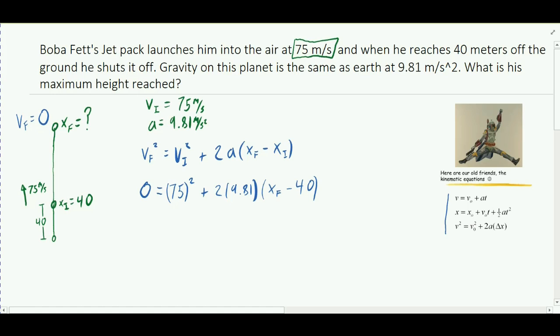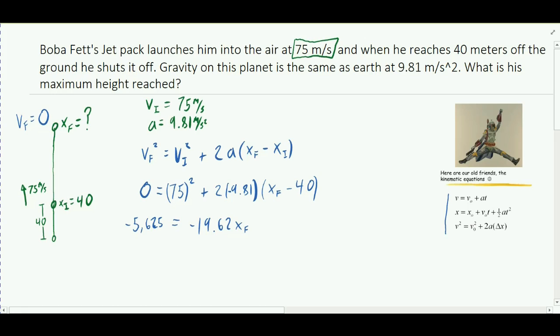Now, 75 squared, negative 5625, equals 2 times 9.81, negative 19.62 times x final minus, well, actually this gravity is negative 9.81.